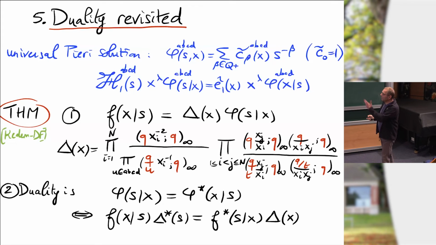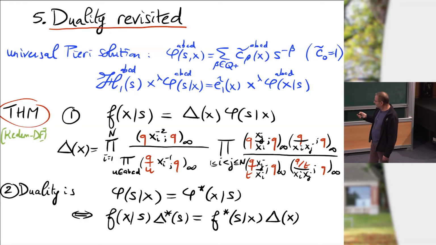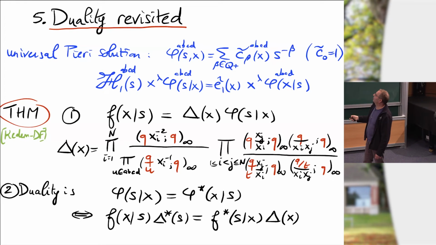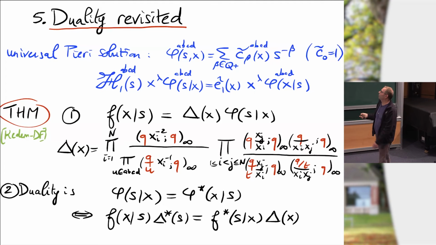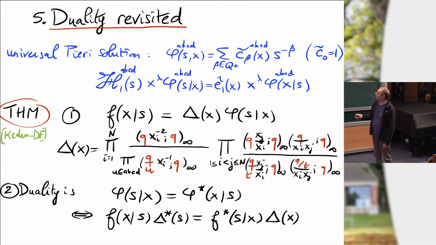Sometimes it's called BC, by the way, this Koornwinder thing. And the duality is just that phi, if you interchange S and X, is the dual, and F has, accordingly, the relation coming from the top.